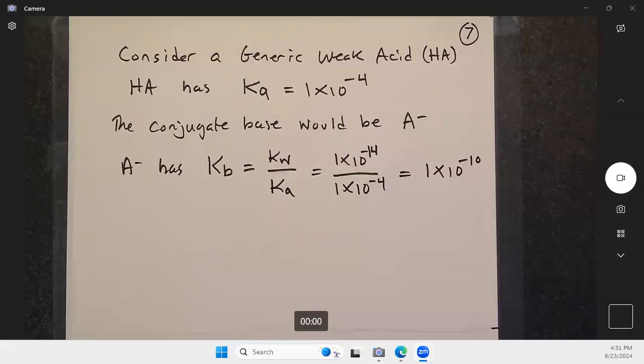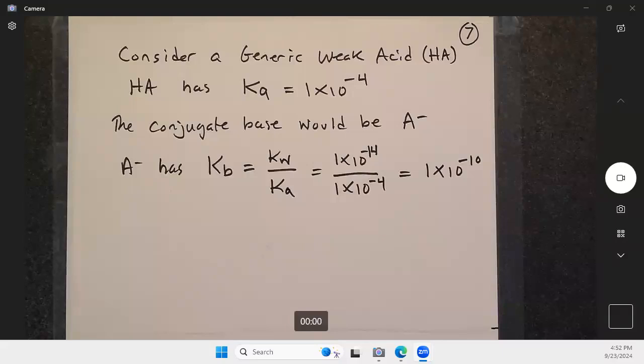And so if we have a generic weak acid that has a Ka of 1 times 10 to the minus 4, just like we have here, the Kb for the conjugate base, A minus, can't just be anything. It's fixed by Kw equal to Ka times Kb for a conjugate acid-base pair. It has to be 1 times 10 to the minus 10.